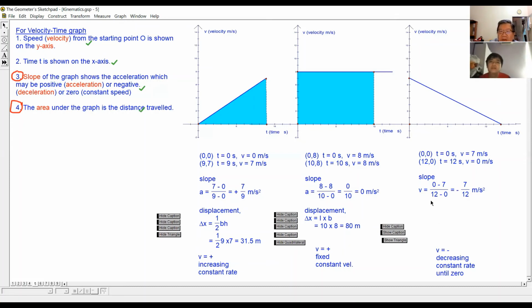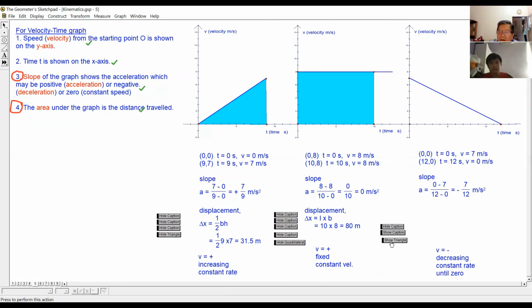So that's why this acceleration is negative. You need not worry about whether it is accelerating or decelerating. You just look at the sign. Because the acceleration is a negative number, it means that the velocity is decreasing, negative acceleration or deceleration.